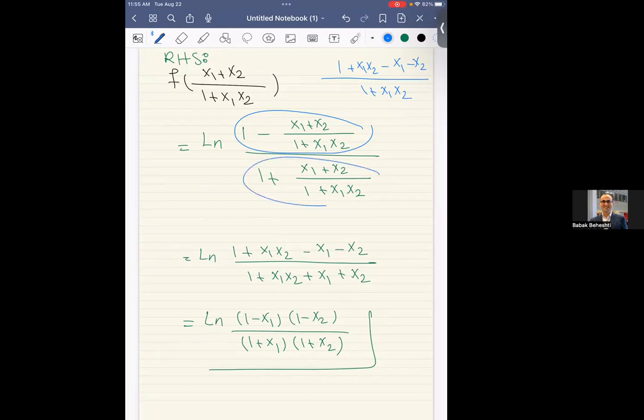And then this guy, you can say a similar thing. It's 1 plus x1 x2 plus x1 plus x2 divided by 1 plus x1 times x2, right? You cancel out 1 plus x1 x2.